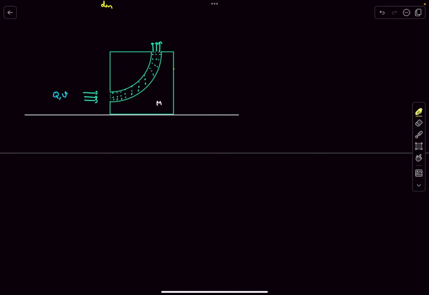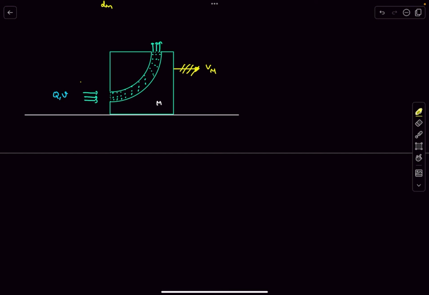The inlet velocity of the fluid was given to be small v, and it's a constant. Now let's say at some arbitrary time, the box was moving with a velocity of capital V_M. Once again we'll write the velocity of the incoming fluid with respect to the box, so we subtract V_M from v.